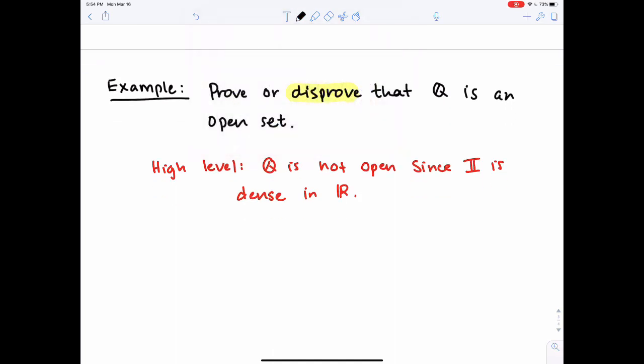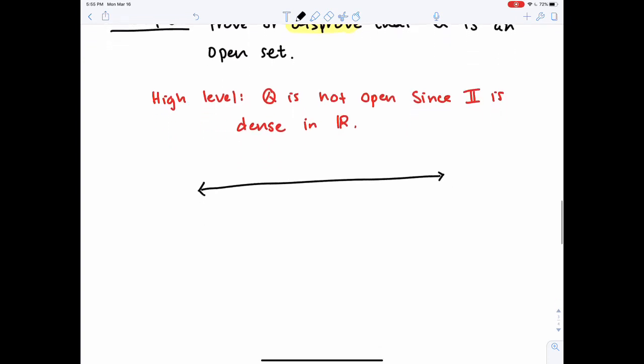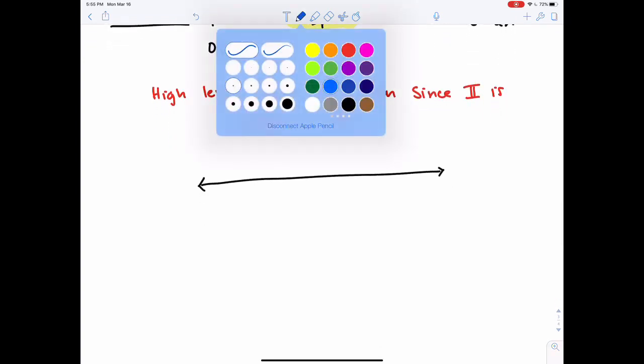All right, I've got my number line. Remember, if you're going to prove that Q is not open, I need to show that there exists a rational number. That point has to be in my set such that no epsilon neighborhood will contain entirely rational numbers. So I'm going to write that down.